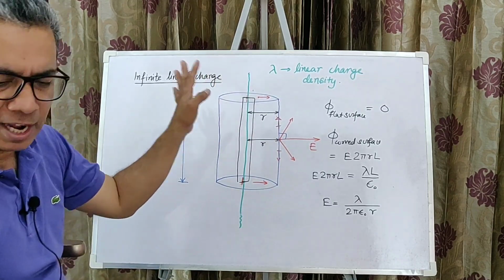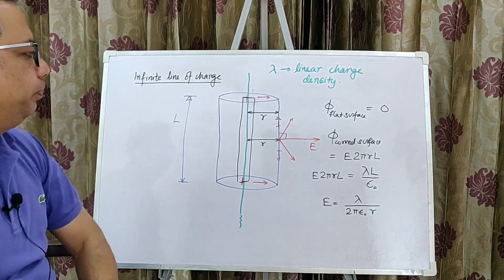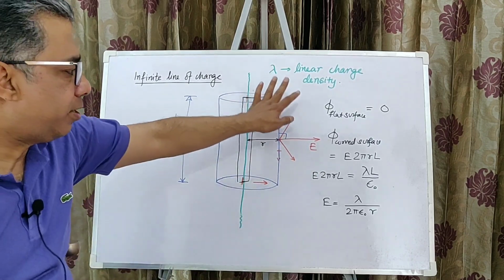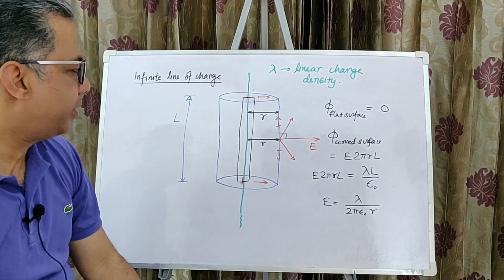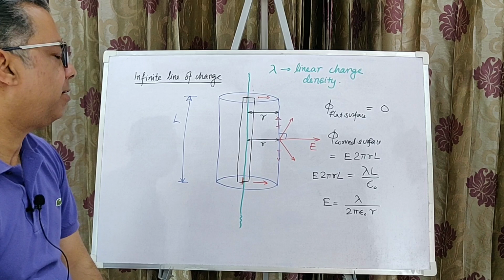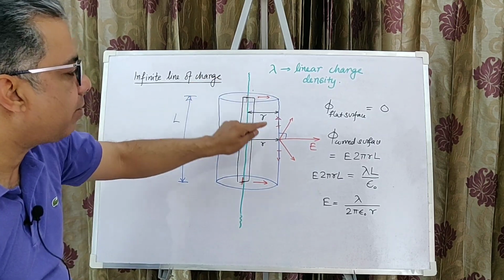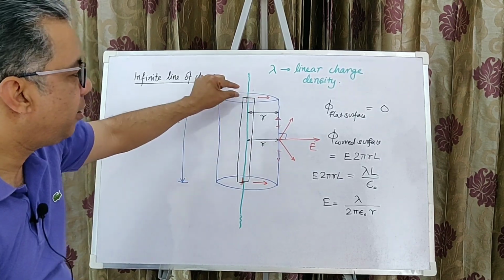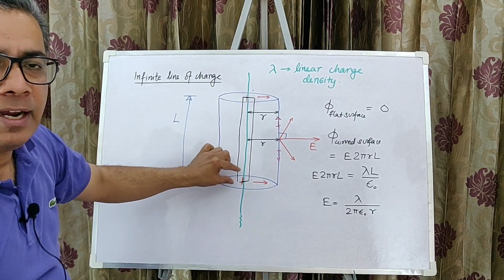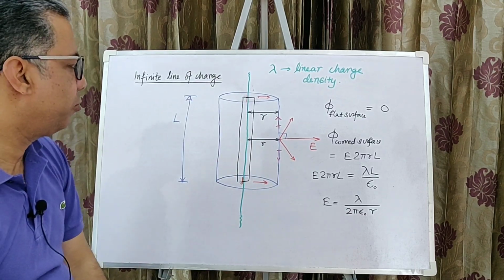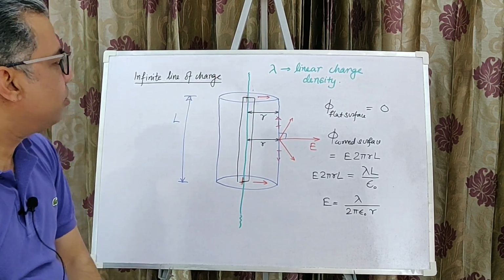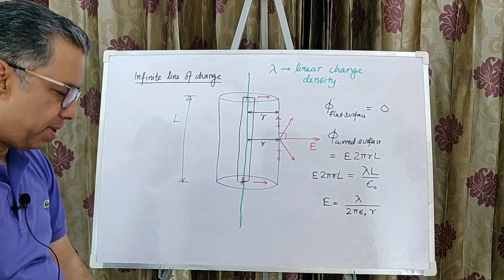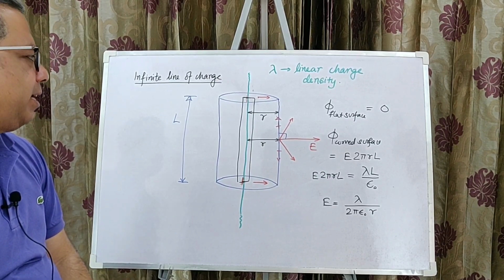This is something we have derived earlier. So no integration required, no summation required. Very, very simple calculation. We did not even have to calculate the electric fields due to individual elements, and of course there was no need for summation as well. So this is a very, very simple method for calculating electric fields.